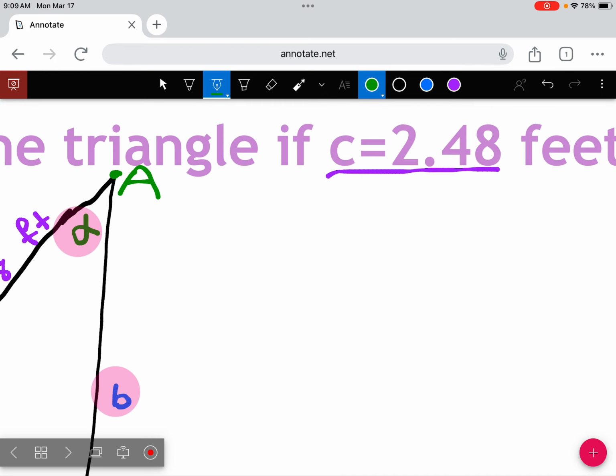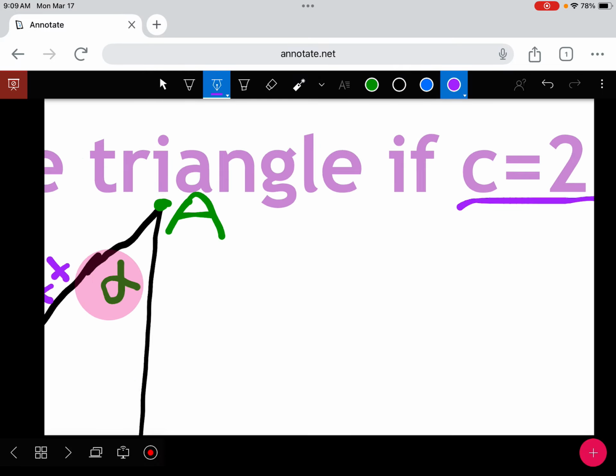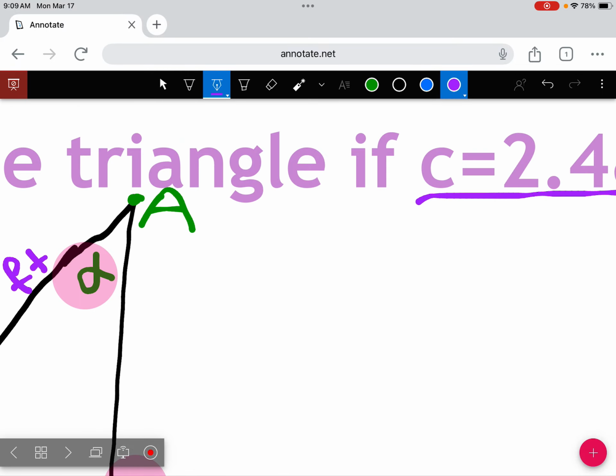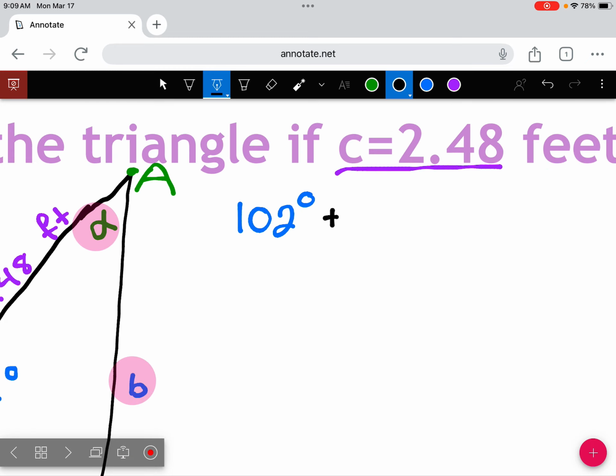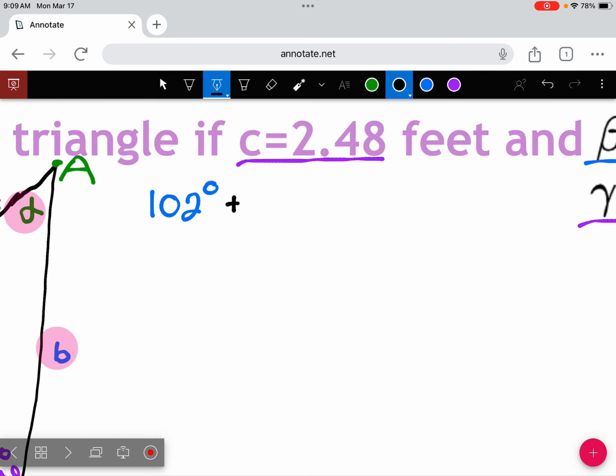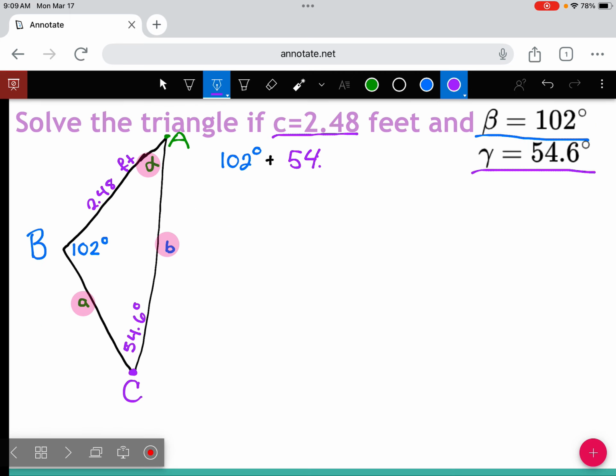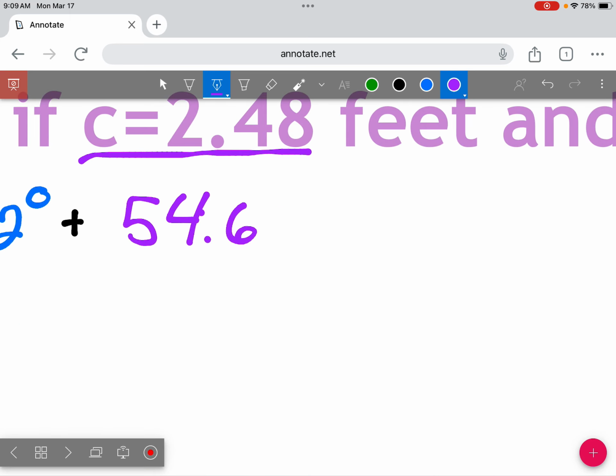So yeah, we know that the angles in a triangle are all going to add up to 180. So we can absolutely find alpha right off the bat. Our 102 degrees plus our gamma, which was 54.6, plus our alpha is going to equal 180 degrees because it's a triangle.